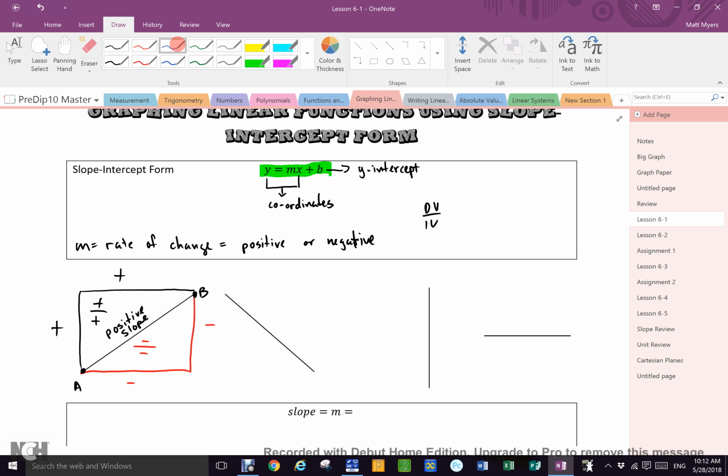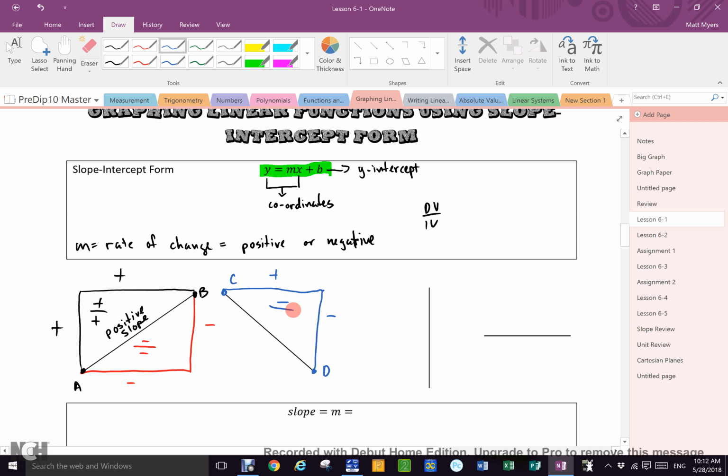Now, let's look at C to D. How would I get from C to D? So from C, I got to go to the right, which is what? Positive. Then what? Down, which is what? Negative. So I would have a negative dV divided by a positive IV.